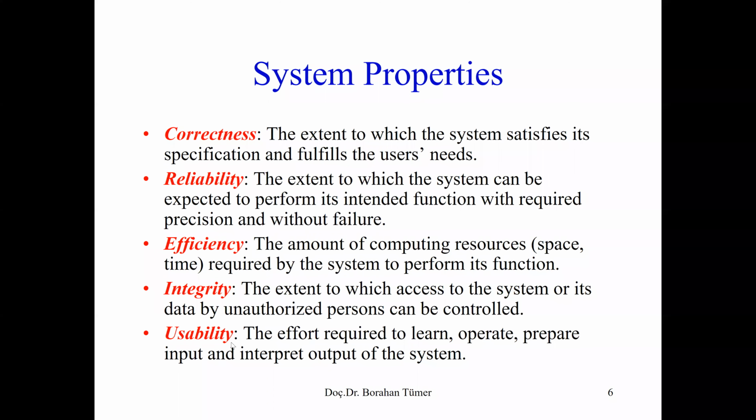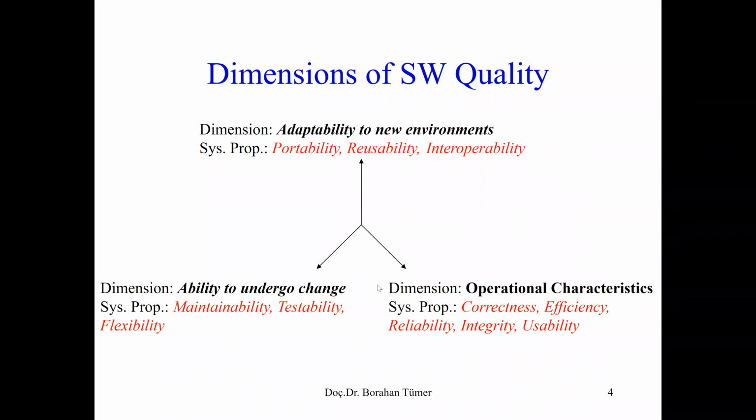Usability, which we also call user friendliness, is the effort required to learn, operate, prepare input, and interpret output of the system. So usability is another system property associated with the operational characteristics.